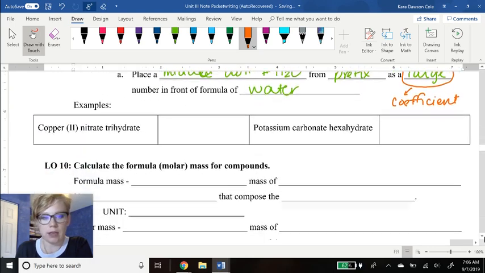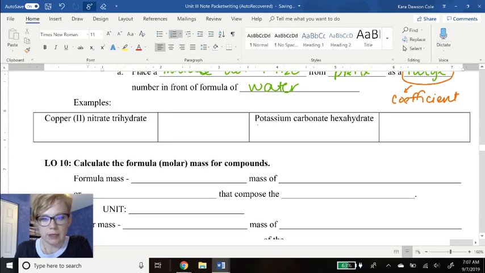So let's look at an example here. So potassium carbonate hexahydrate. Okay, so now I've got 3 words. I know it's a hydrate, so I know if I have hydrate, I have H2O. Okay, and I have a certain number of those. Again, we're going to write the formula for the ionic compound.